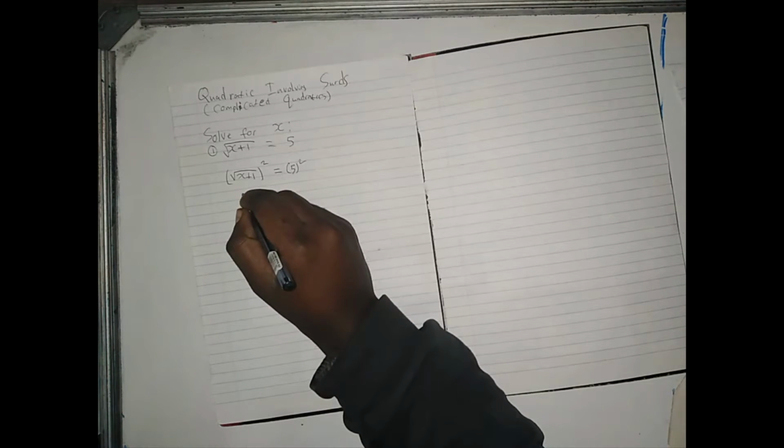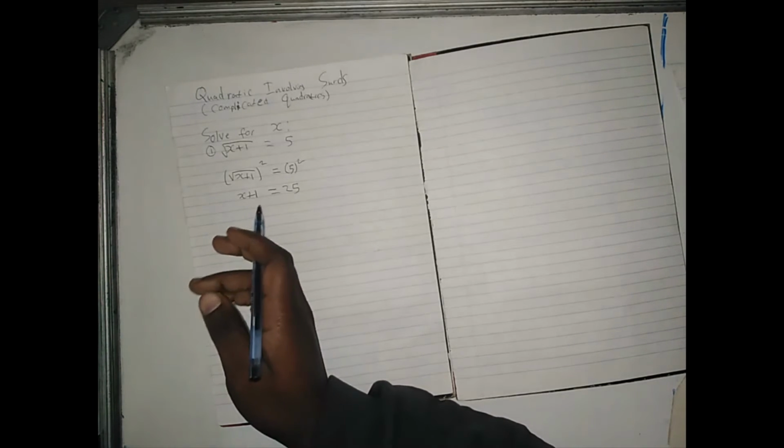So here as well, you're going to say 5 squared. From here, you're then going to get x plus 1, which is equal to what?